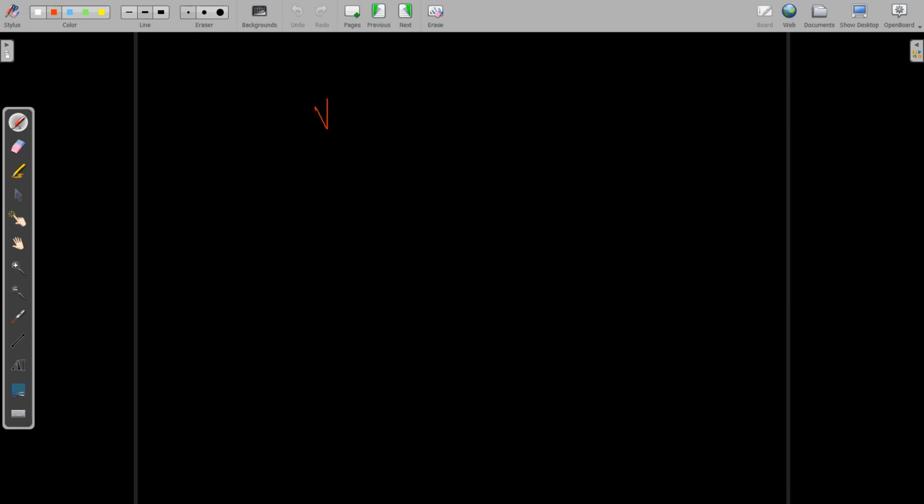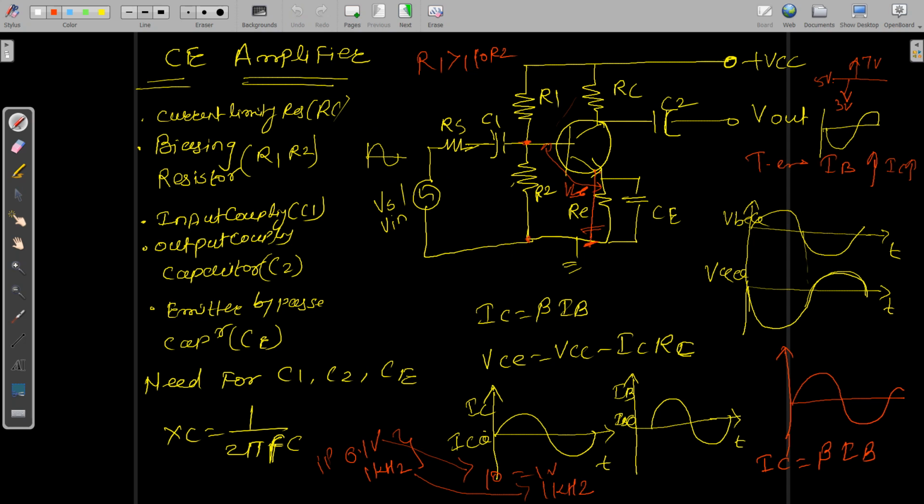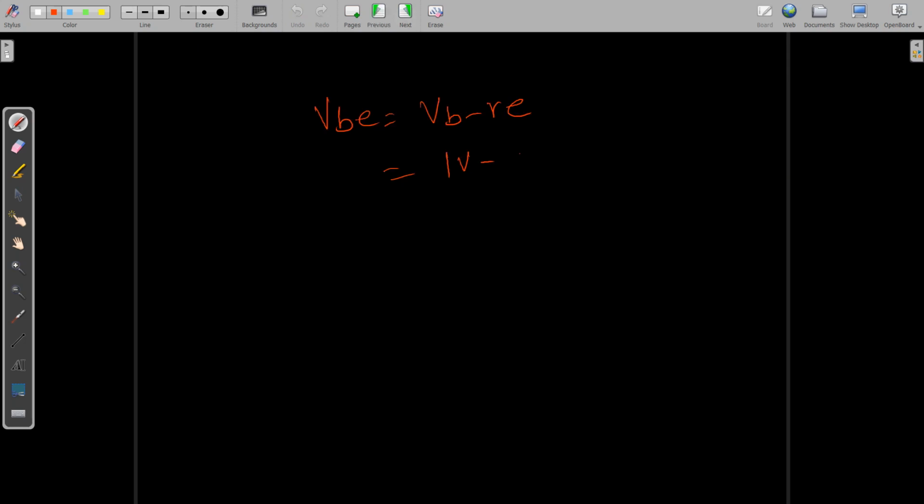What we know is VBE, the base to emitter voltage, which we are applying to the transistor. Now what is VBE? VB minus VE, right? Let us say your VB is 1 volt, and earlier, when I said you don't have a resistor over here, that means VE is 0. There is no voltage drop across your emitter terminal. So VE is 0, therefore VBE was equal to 1 volt.